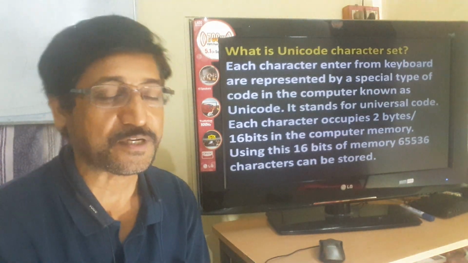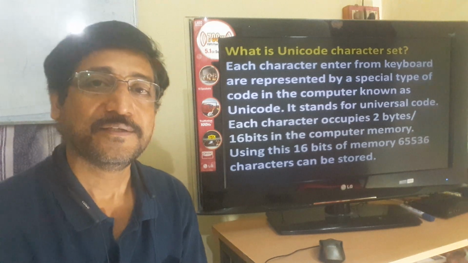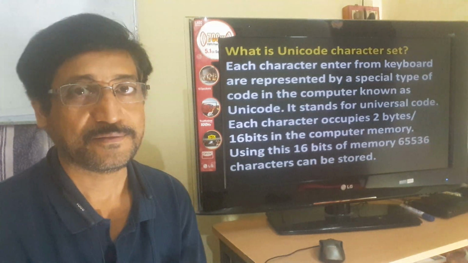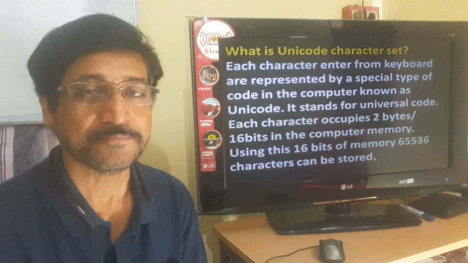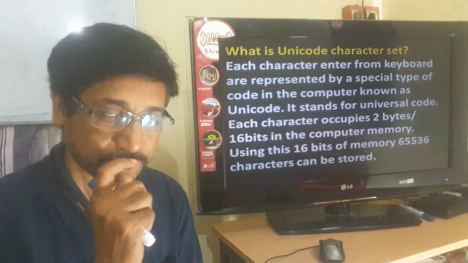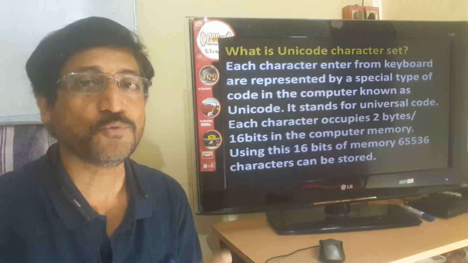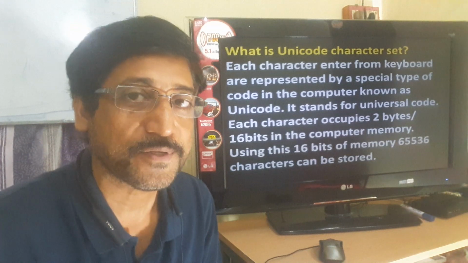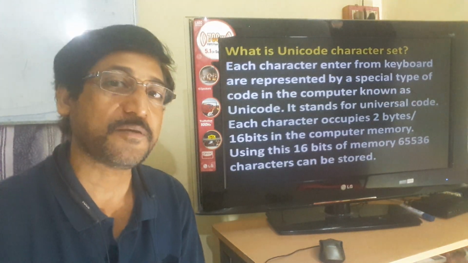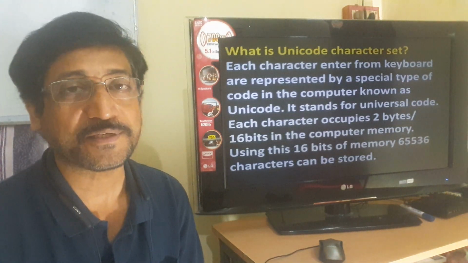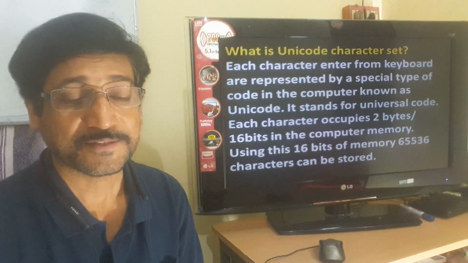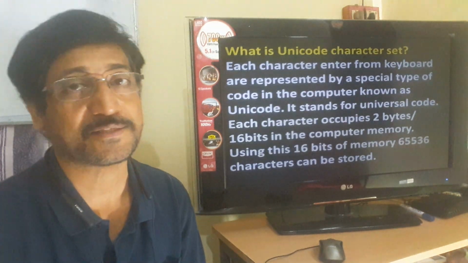So in other programming languages each character needs 1 byte or 8 bits in the computer's memory, whereas in Java each character needs 2 bytes or 16 bits in the computer's memory, because using 16 bits of memory, 65,536 characters can be accommodated.